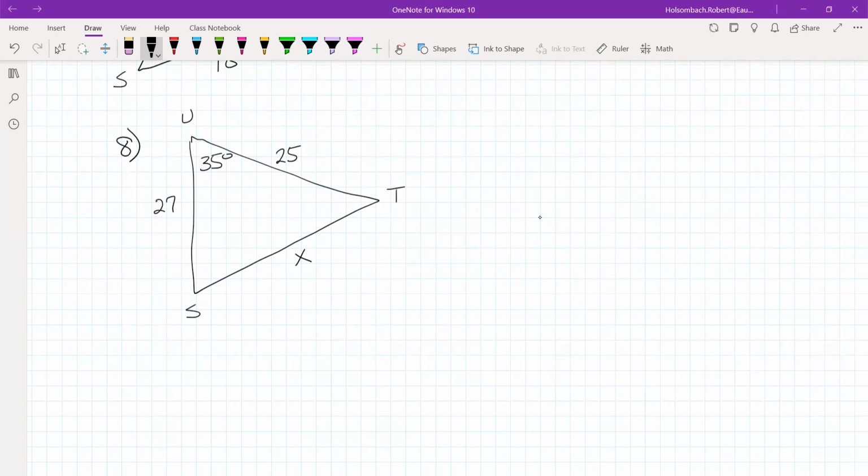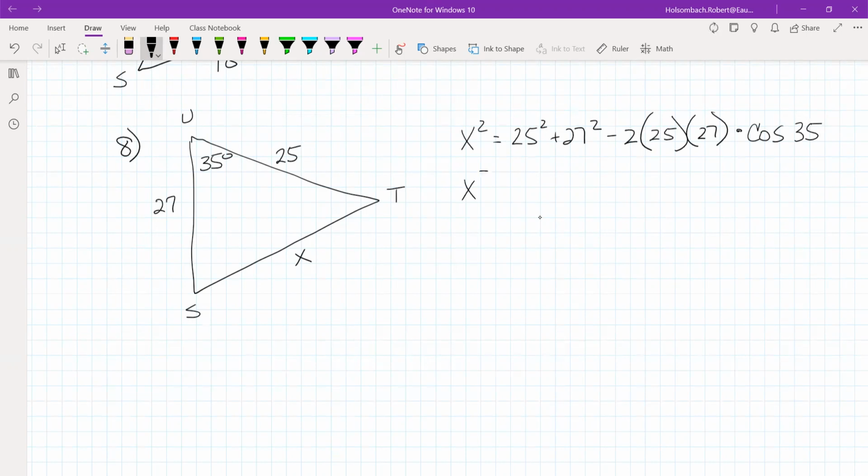So again, this opposite side, x squared is equal to the adjacent sides to the angle squared minus 2 times the adjacent sides times cosine of the angle given.